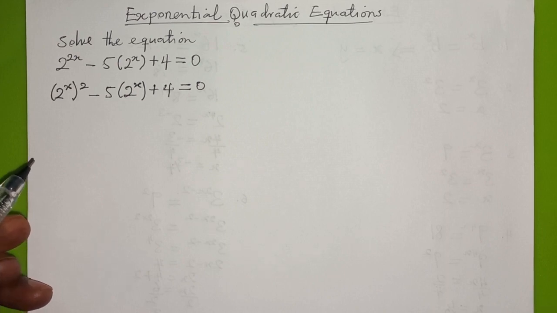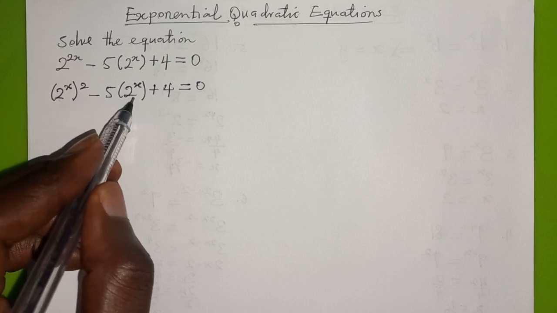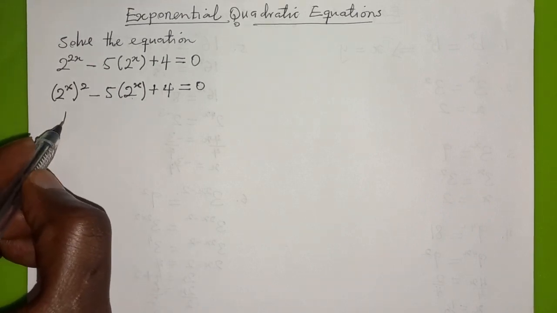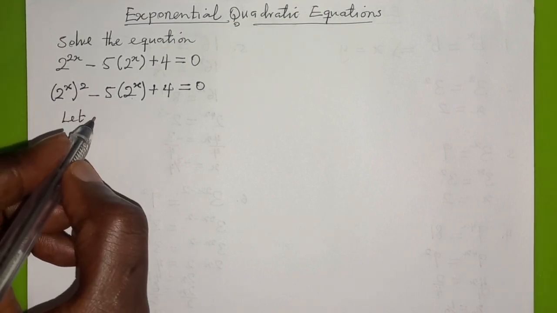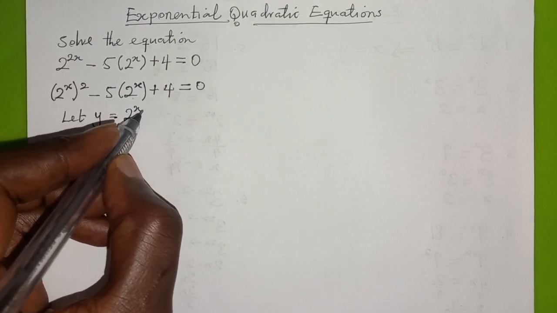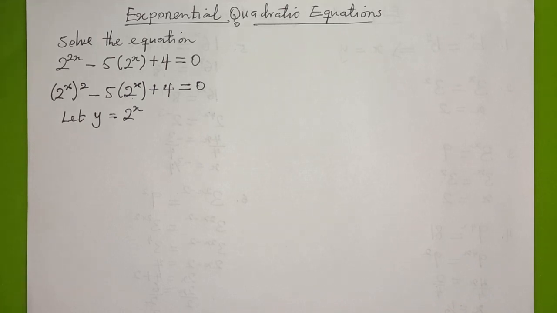Now, the next thing that we want to do is that this is now the same. So we can let any variable at all, let's say y, be equal to 2 raised to the power x. So wherever we see 2 raised to the power x, we are going to replace it by y.